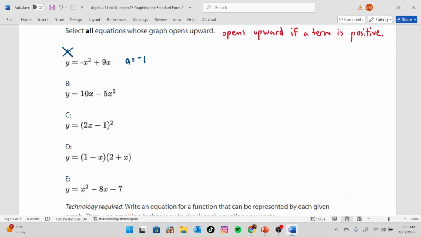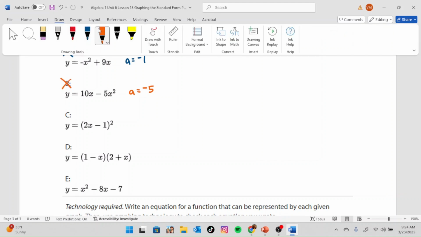If we look at B, we see that our A term is -5 because the A is the number in front of x squared. So this is negative. We want it to open upward. This one's going to open downward. So B is not correct.